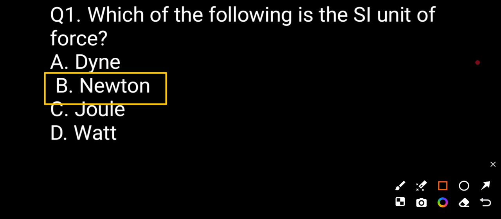Dyne is also a unit of force, but it is not the SI unit. So A is not correct. Joule is the unit of work. Watt is the unit of power. So the correct answer will be B.